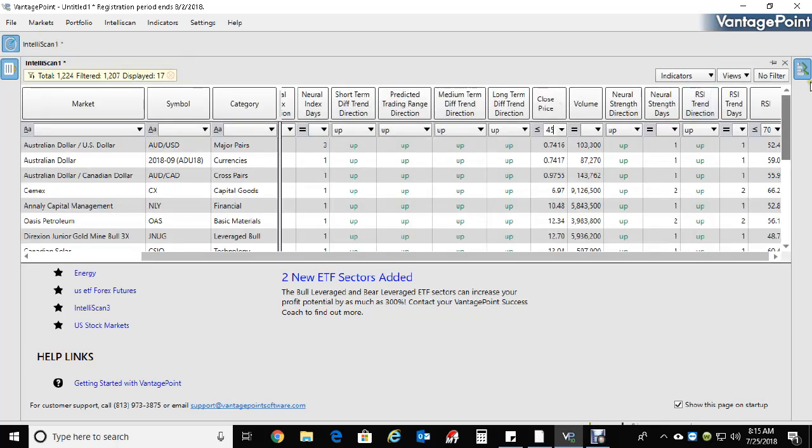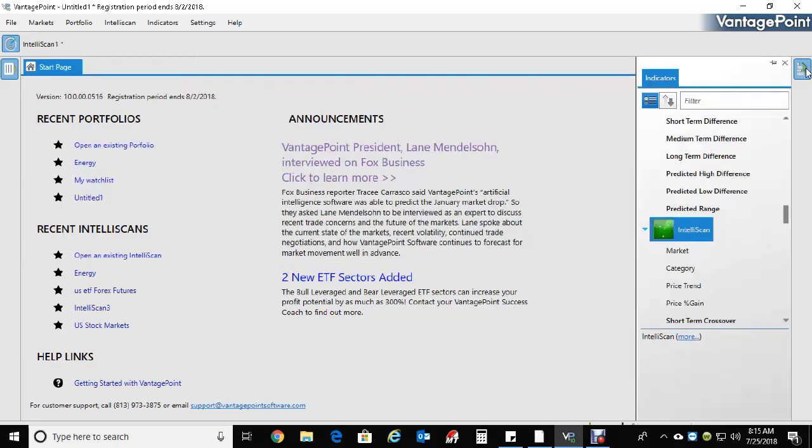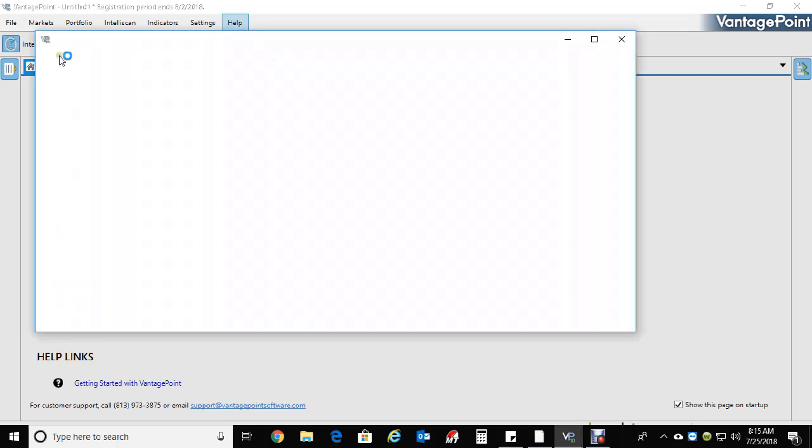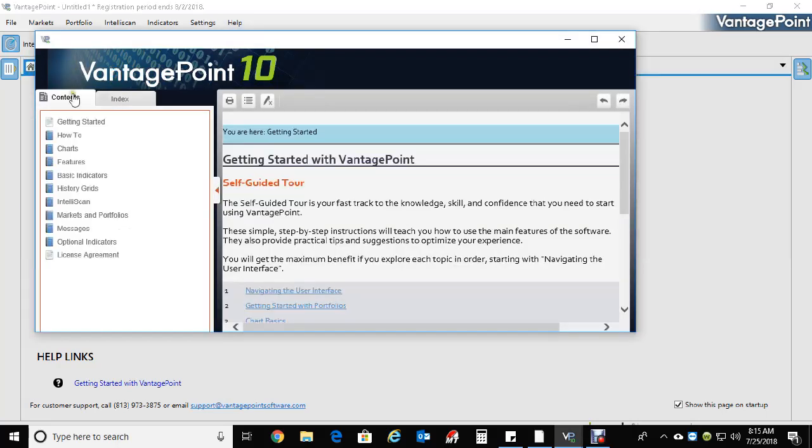And if you want to learn more about that indicator to know what it does, you just simply come to your help center here, and then you click on help. Over here you have the content, so basically what is in your manual: how to do things, how to read the indicators, the basic indicators, and it'll show you the indicators for price and predictive.